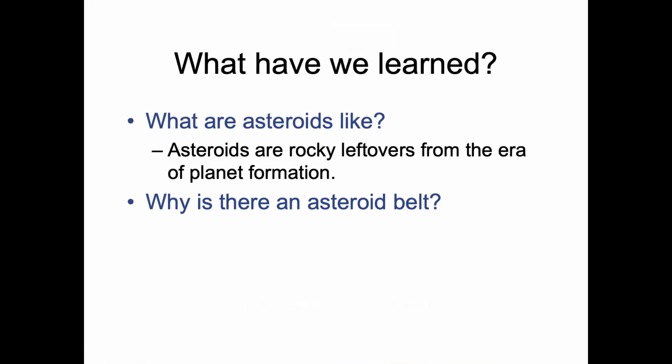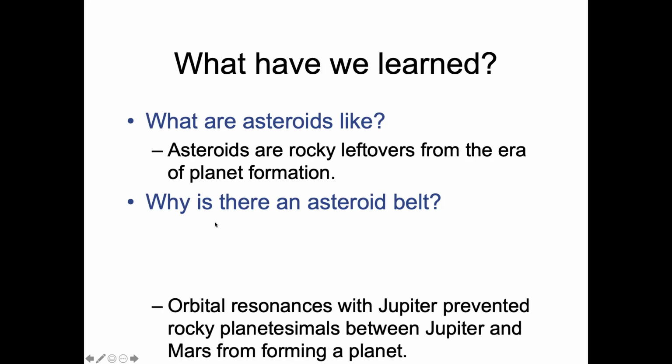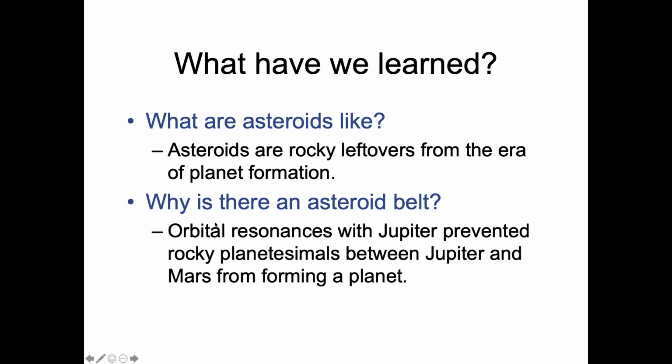This is really asking why is there an asteroid belt as opposed to some larger accumulation of material that maybe makes another planet between Mars and Jupiter. And the reason is orbital resonance from Mars and Jupiter that tugged on that material, preventing it from coming together.